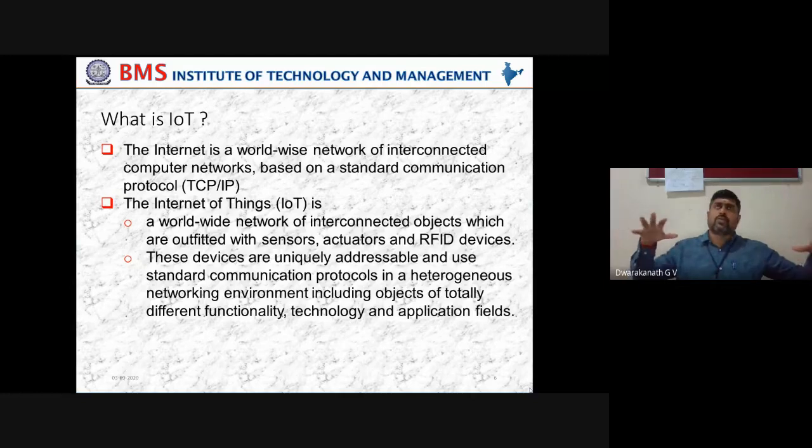What is a heterogeneous networking environment? I will tell you one particular example. Take automatic drip irrigation into consideration. In automatic drip irrigation, I insert a moisture sensor beneath the root of that particular plant. What's the work of that sensor?